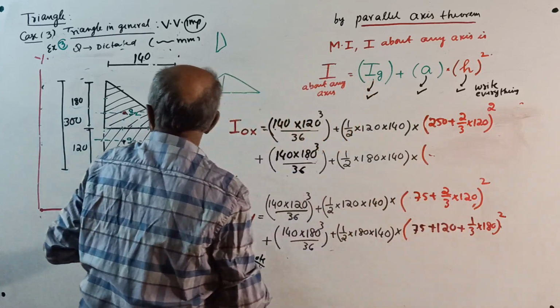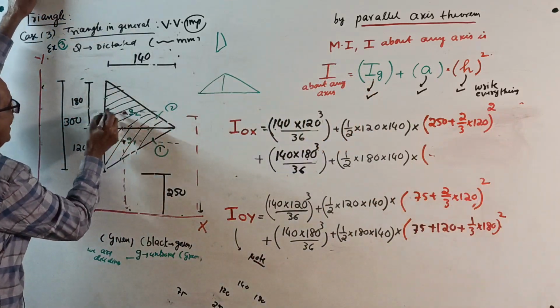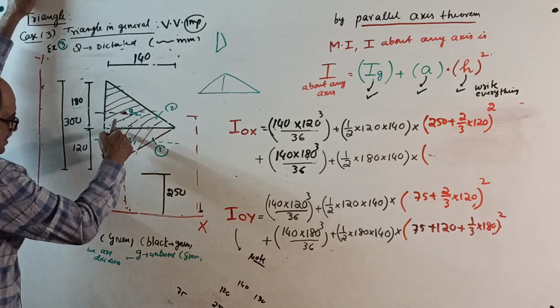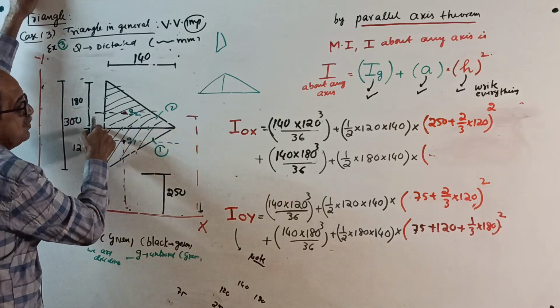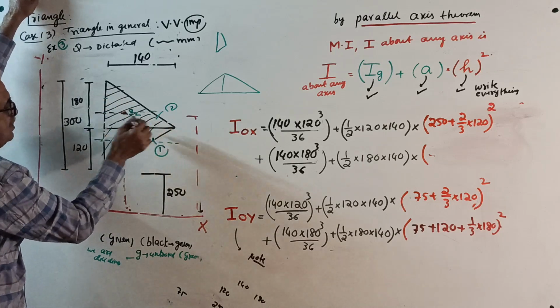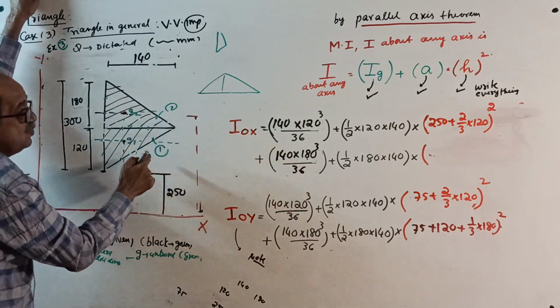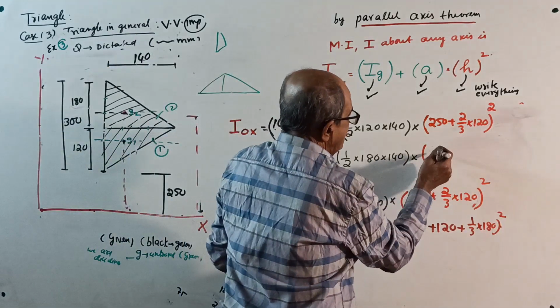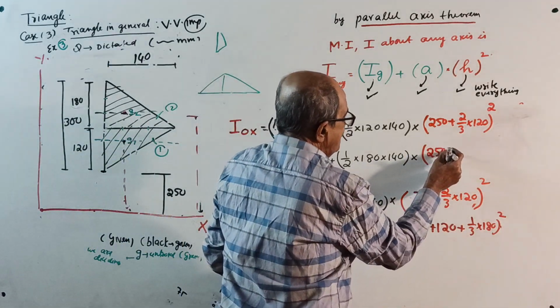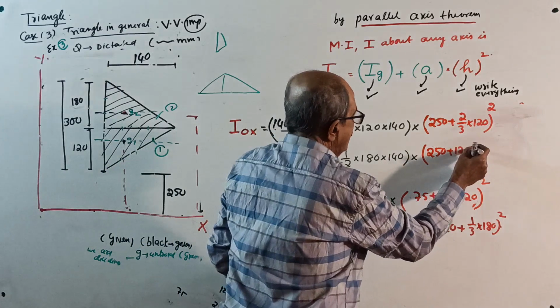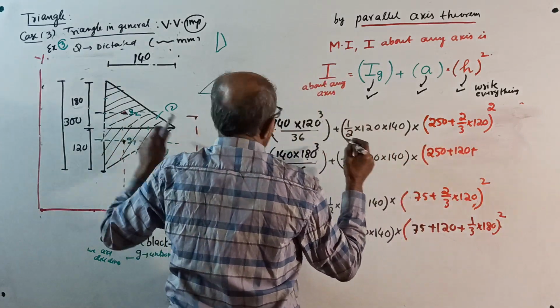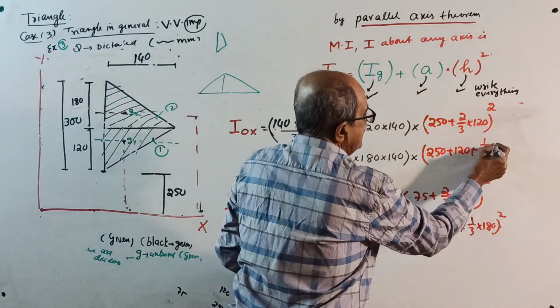Then the second one, I about its own axis. How much is it? 140 into 180 cube by 36 plus area into this distance square, which is 250 plus 120. 250 plus 120 plus another from here to here, which is 1/3 of 180.